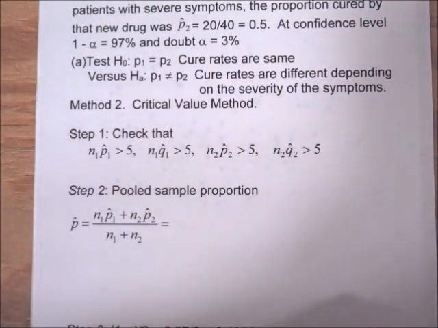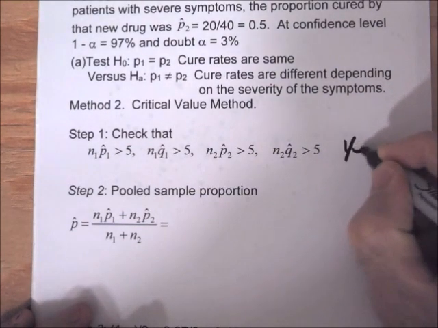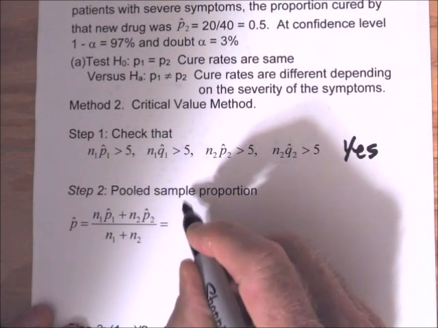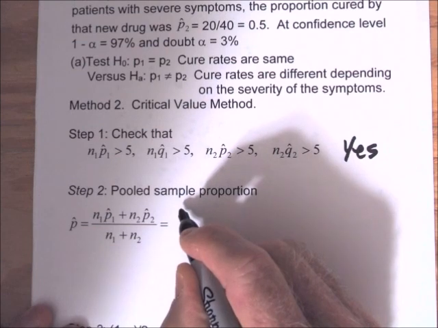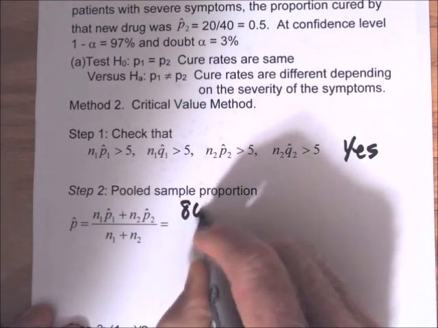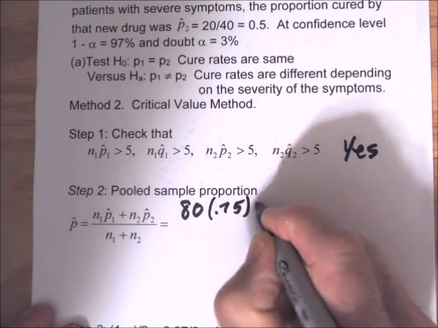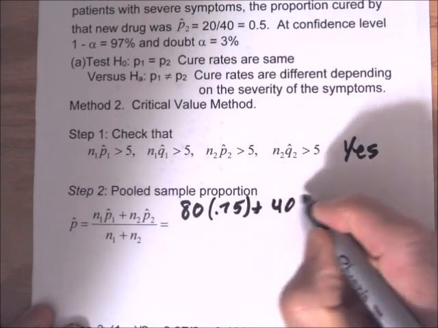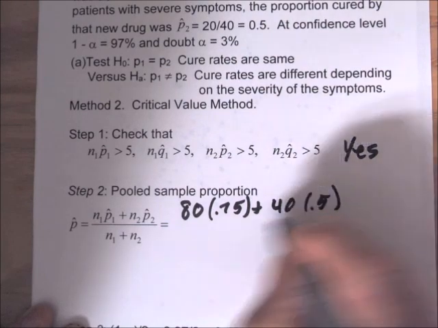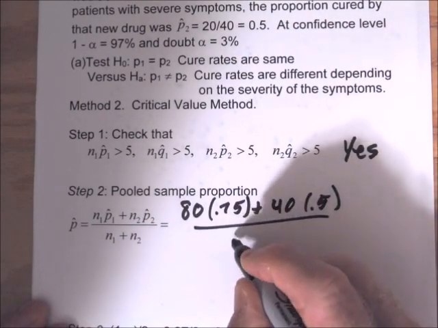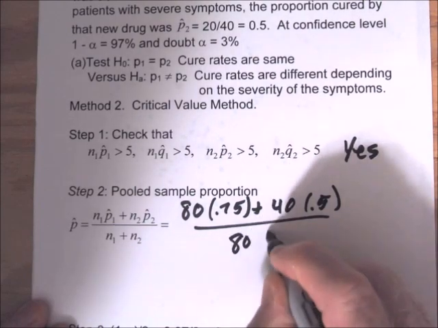And then the next step is to compute the pooled sample proportion. So it's going to be n1, which is 80, times p1 hat, which is 0.75, plus n2, which is 40, times p2 hat, which is 0.5, divided by n1 plus n2, which is 80 plus 40.